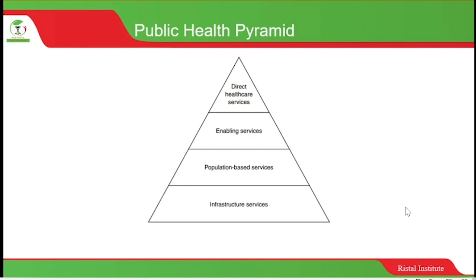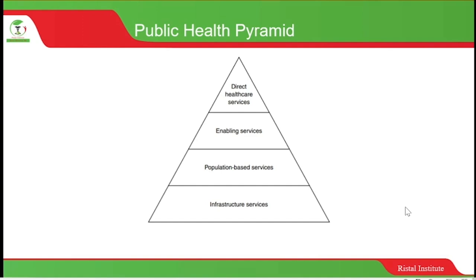You diagnose a person, then after diagnosing a person, you have to treat that person. If things don't go on well, then we have rehabilitation. So they just address the specific health needs of people who are already sick or at risk. For example, you can say surgery and rehabilitation services, like for people who have diabetes.